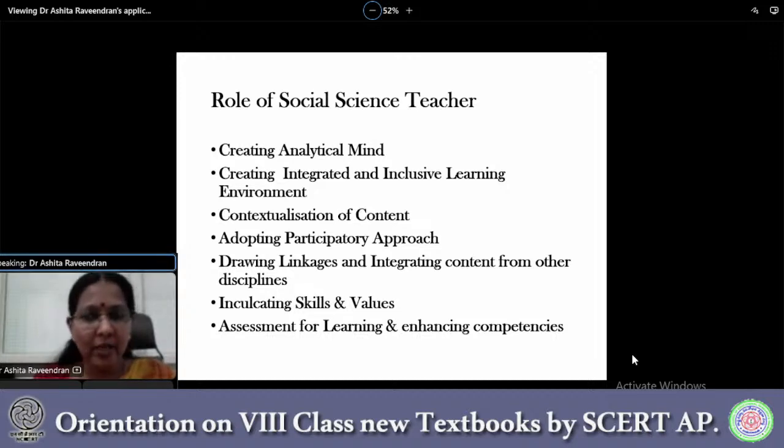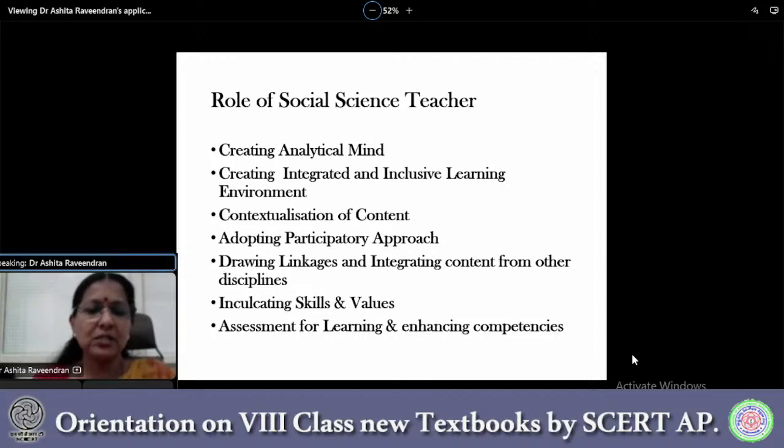The skills can be creative thinking, critical thinking, reasoning, logical thinking, collaborating with each other. Then values also, like honesty, any types of values. All these can be imparted through the social science subject areas, and as a teacher we need to look for opportunities where we can build upon the skills of the child and help them imbibe these values.